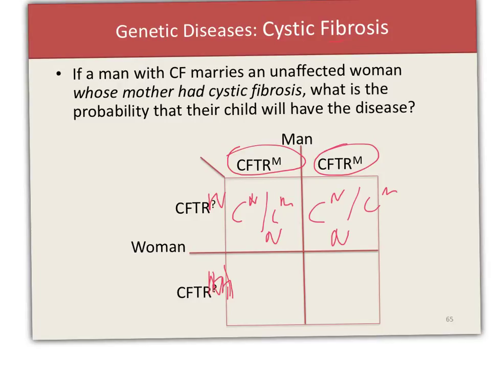Remember the mother, 50% chance, so normal, abnormal. And here we have CM, CM, and CM, CM. So 50% cystic fibrosis.